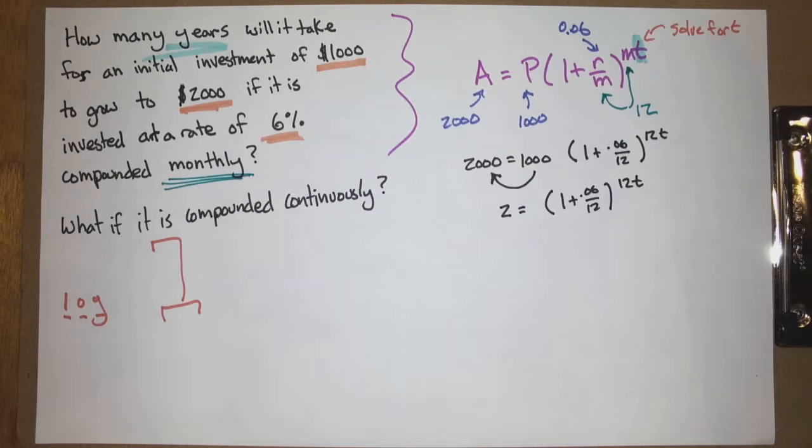Log. Well, now it's a matter of pick your favorite log. Do you like log base 10, or ln, log base e? Spoiler alert, in this case it doesn't matter which one you use. Actually, it doesn't matter which one you use in any case, but sometimes natural logs fit better. Do you have a preference, ln versus log?